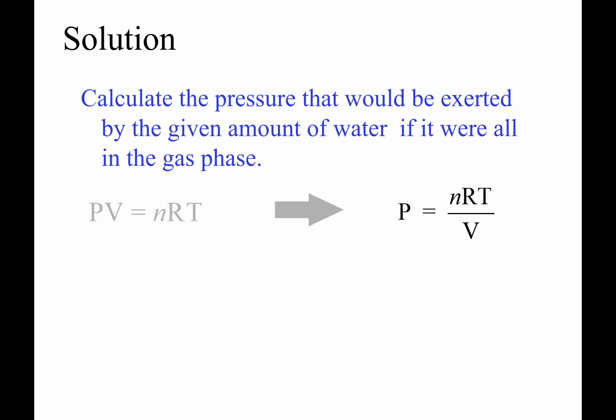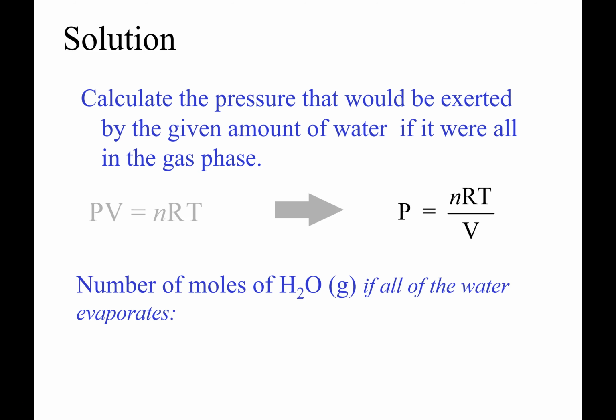So the pressure that we're after is equal to nRT over V. For n, we're going to get the number of moles from that 0.110 grams. R we look up, T is 25, but don't forget, we have to convert 25 degrees Celsius to Kelvin. Volume is given. So let's go ahead and do this.